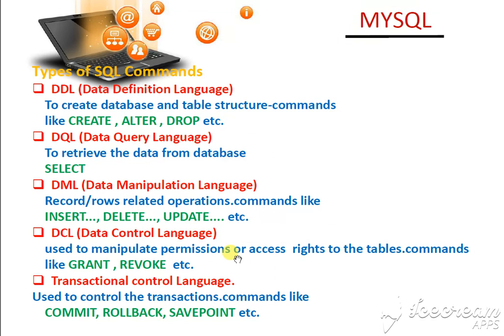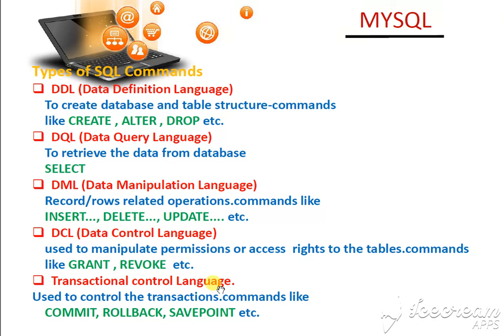Thus these are the different types of command language, and based on these command languages you can create your SQL database. So what we have: data definition language, data query language, data manipulation language, data control language and transaction control language.